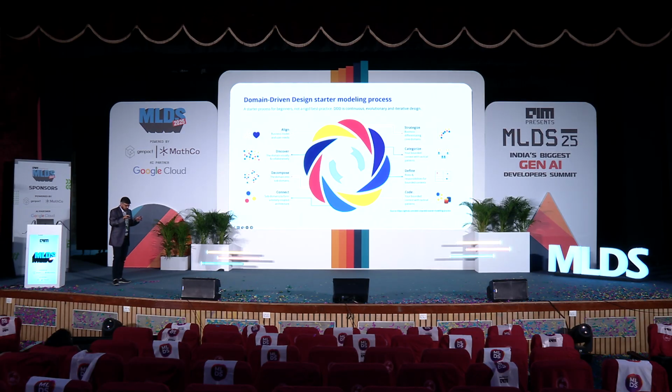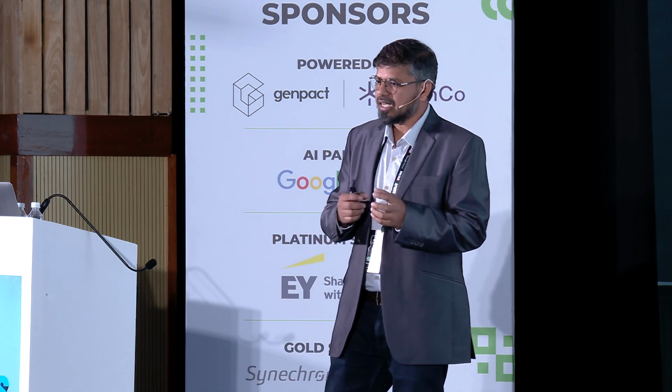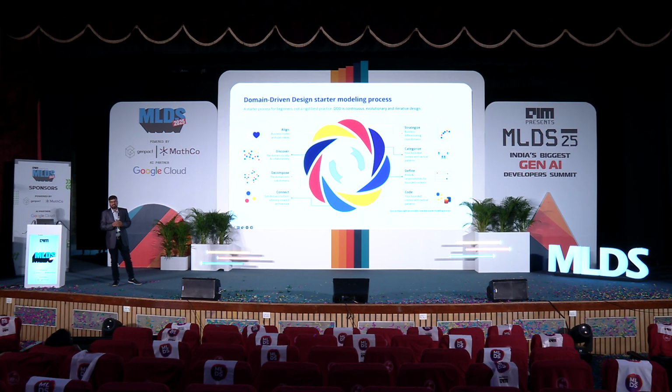So when you have an enterprise with multiple subdomains defined, how are you going to share the data and capabilities with the different subdomains? We have standard patterns for this, the context map patterns. For example, anti-corruption layer, open host service, shared kernel. These are the patterns used to share the data from one bounded context to another bounded context, right?